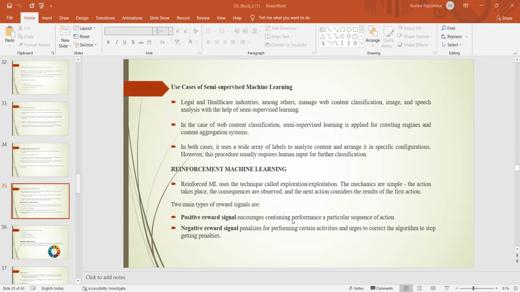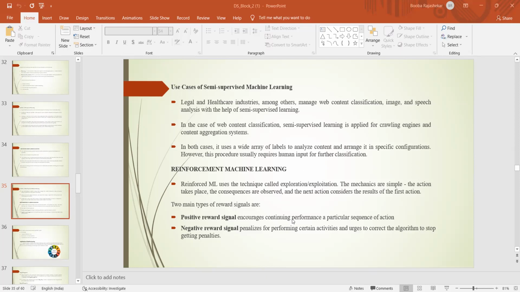The next one, reinforcement machine learning techniques. Reinforcement machine learning uses techniques called exploration and exploitation. The machine takes an action, the consequences are observed, and the next actions consider the result of the first action.